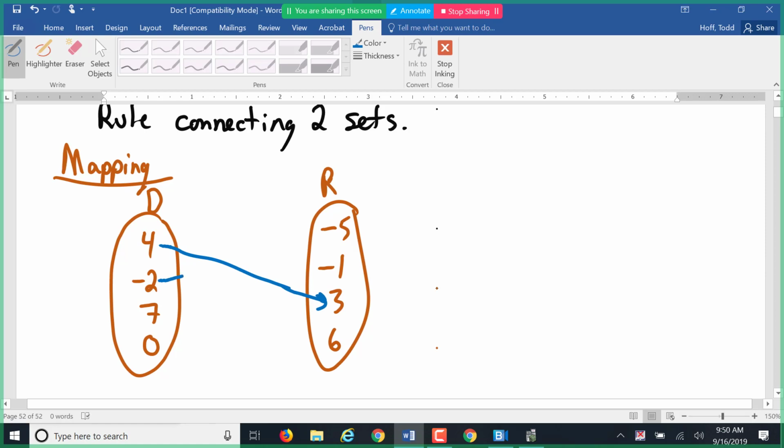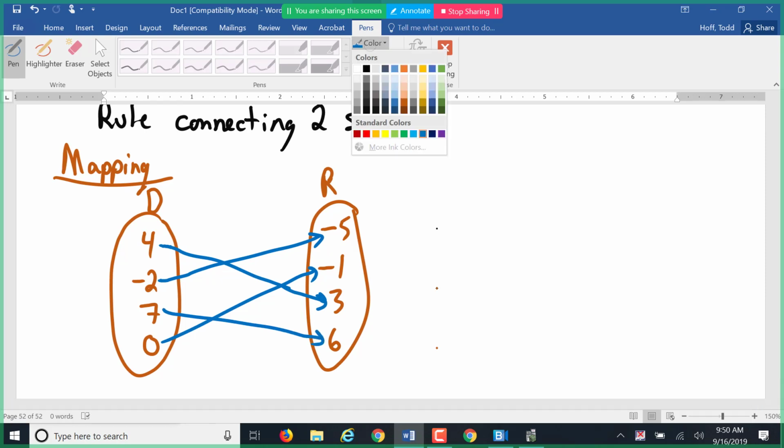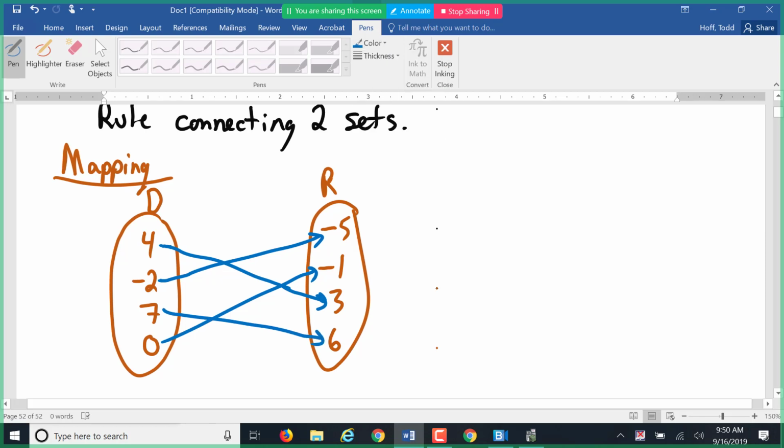-2 goes to -5. 0 goes to -1. 7 goes to 6. There's our relation. It's a mapping. It's connecting one set, in this case numbers, to another set of numbers. Now the capital D up here, I said I would explain, stands for domain.